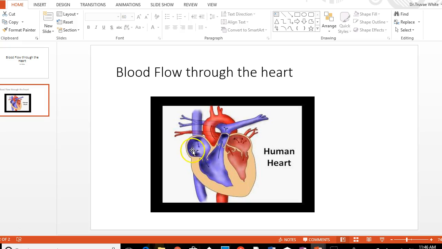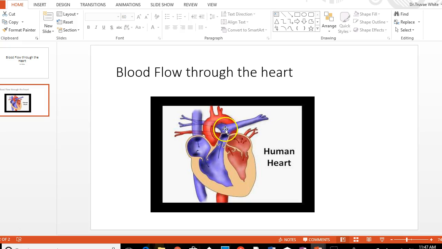So now we go right atria through the tricuspid valve, aka right atrioventricular valve, into the right ventricle. From the right ventricle, still deoxygenated blood is going to pump through the pulmonary or pulmonic valve, aka right semilunar valve. From the right semilunar valve through the pulmonic trunk, and the trunk is just another name for a large blood vessel.